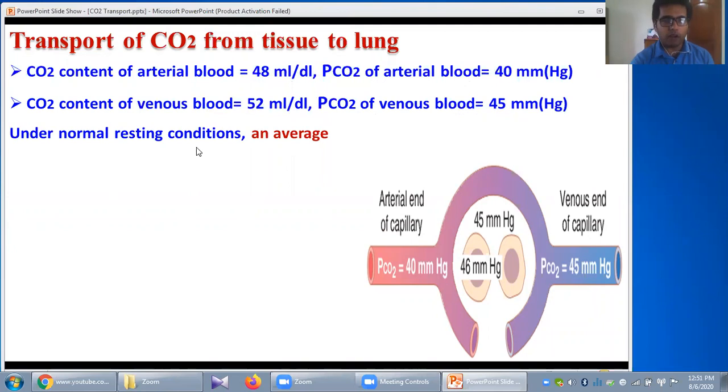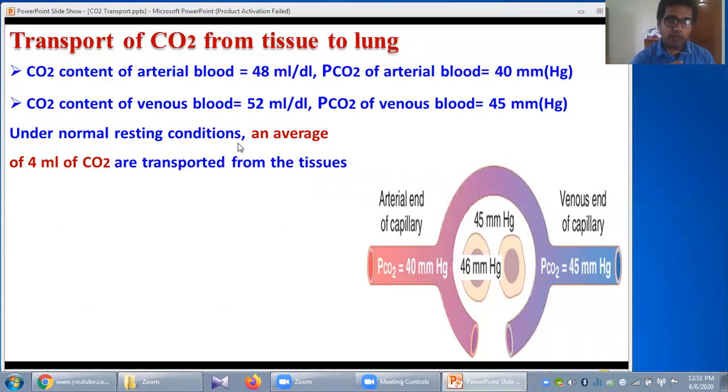That means under normal resting condition, 100 ml blood while passing through the tissue capillary can remove 4 ml of carbon dioxide. And this 4 ml of carbon dioxide will be transported from tissue to the lung in different chemical form.